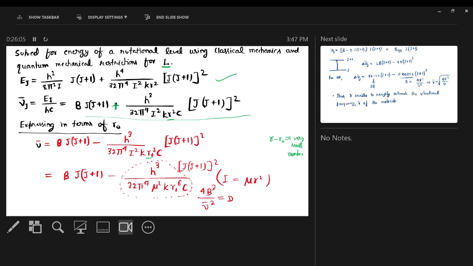Further, we know that this I, the moment of inertia, is given by mu R square or mu R naught square. So we can replace this I with mu R naught square, and it becomes this. This whole term we call D, and this D is the centrifugal constant.